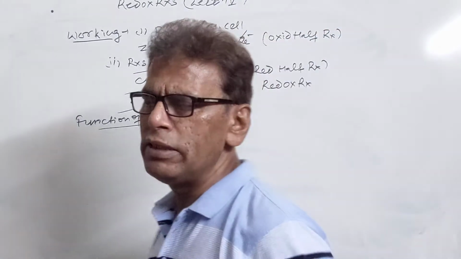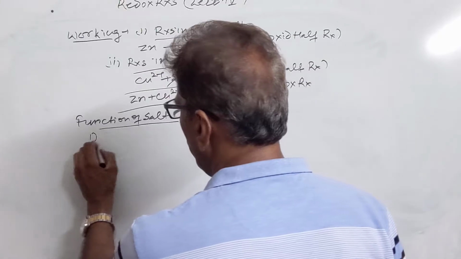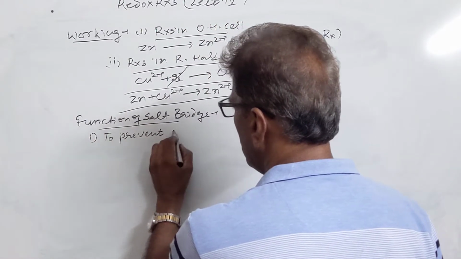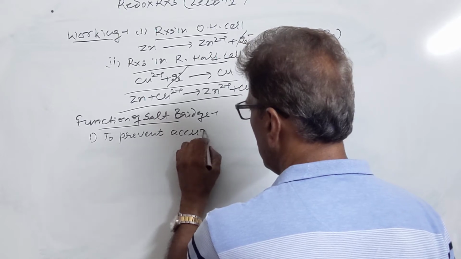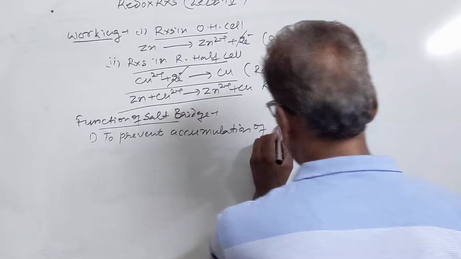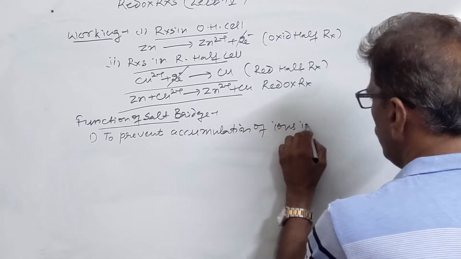The role of the salt bridge is to prevent the accumulation of ions in the two half cells.